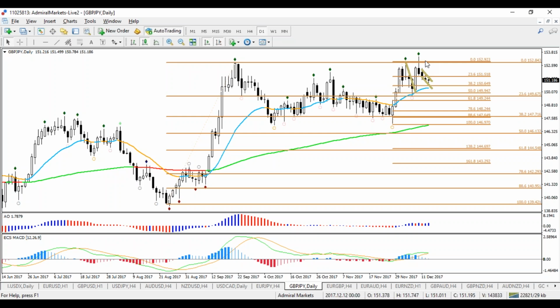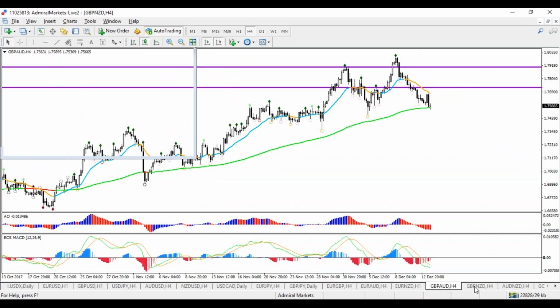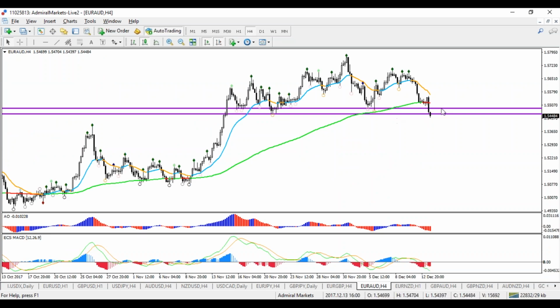So all in all, I'm not saying that pound Aussie, pound New Zealand, euro Aussie are going to bounce to the upside immediately. They might fall a little bit more or a lot more, I don't know. But a retracement could occur eventually. I'm not a big reversal trader, but it's something that I will keep an eye on.